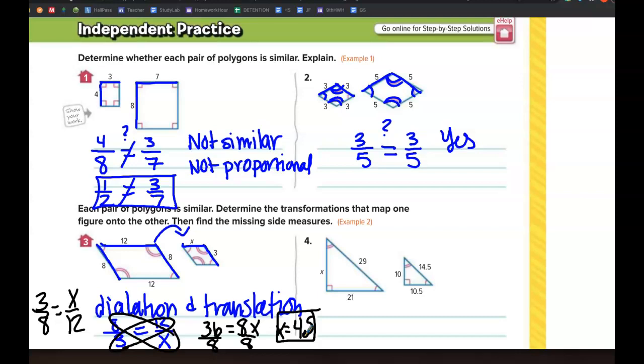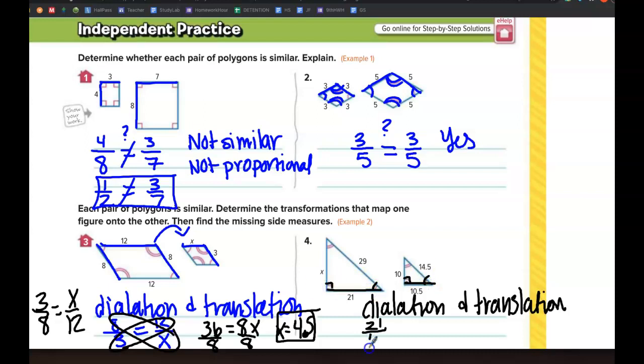For number 4, again, I would have to use dilation, and then I'd also have to slide it, so translation. And then I'm going to figure out the missing side length. There's a couple of different ways that you could have compared this one. I'm going to use 21, and it matches up with this side length here because these angles that enclose it are the same.